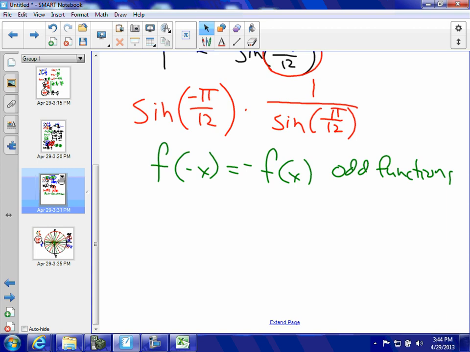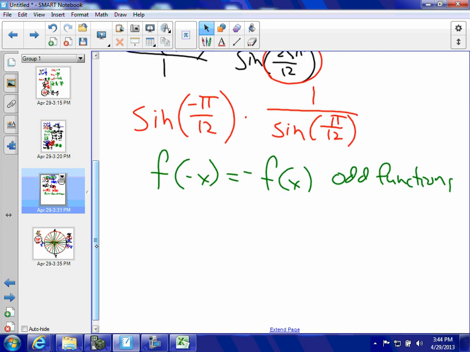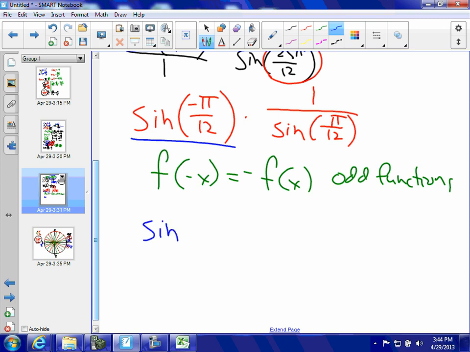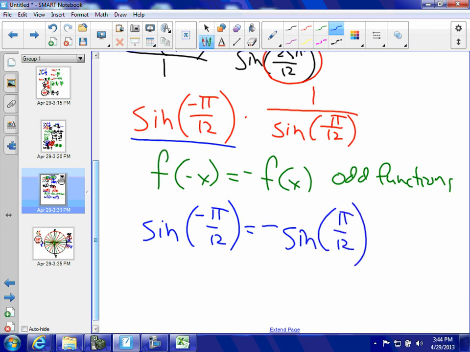So looking at my sine function, I can see that sine of negative pi over 12 is equal to negative sine of pi over 12.